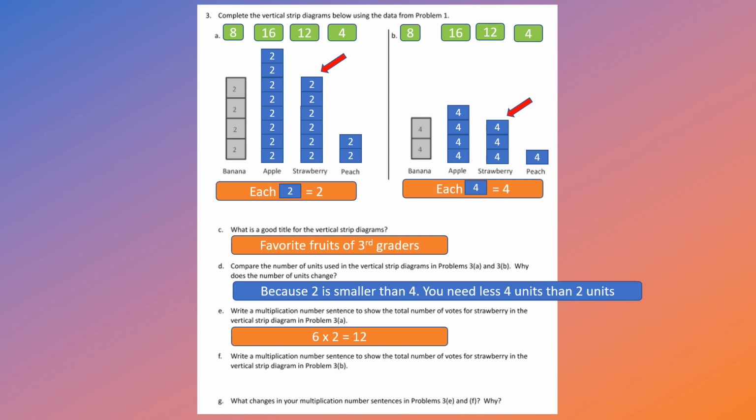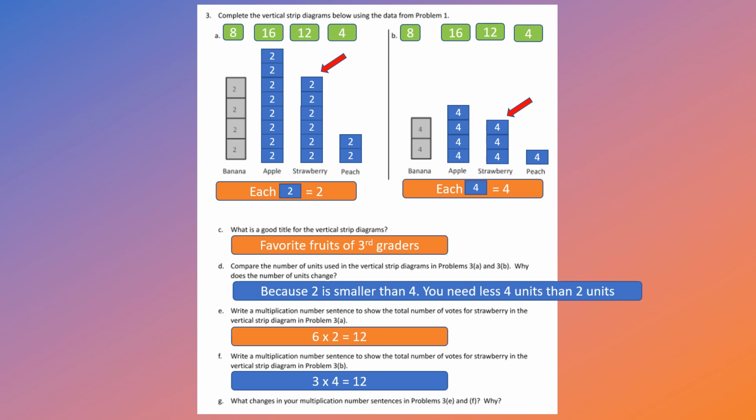That's right. There are 3 4's that represent strawberry. And saying 3 4's is the same thing as saying 3 times 4. And we know that 3 4's is equal to 12. So the multiplication number sentence is 3 times 4 equals 12. Now you could have also written it as 4 times 3 equals 12. It's the same thing.